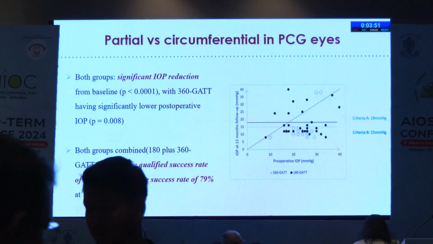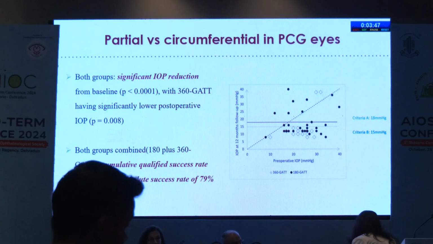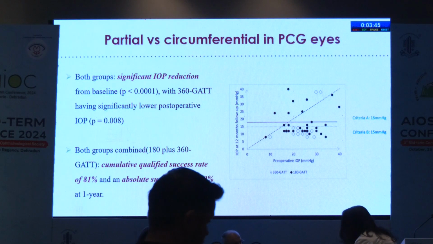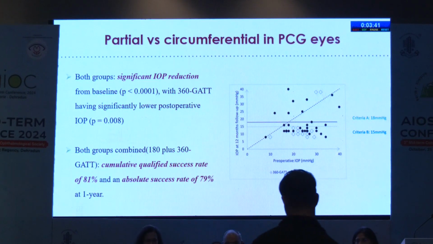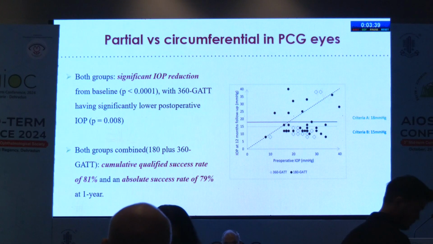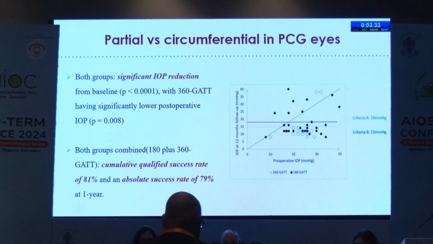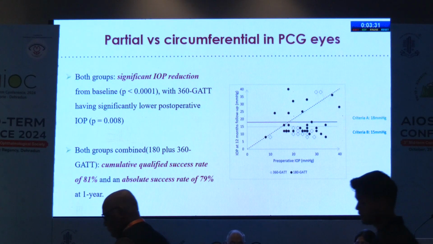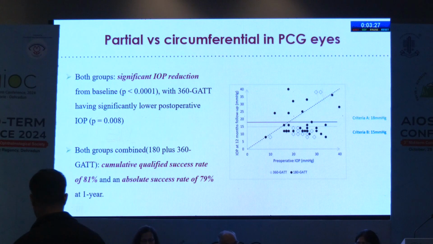When we looked at our outcomes, this is a randomized controlled trial of 180 degree versus 360 degree GATT in primary congenital glaucoma, which has also been recently published in the American Journal of Ophthalmology. We found that the 360 degree GATT patients did better than 180 degrees, in terms of better lowering of IOP, decreased need for surgical intervention, as well as reduced need for medications.